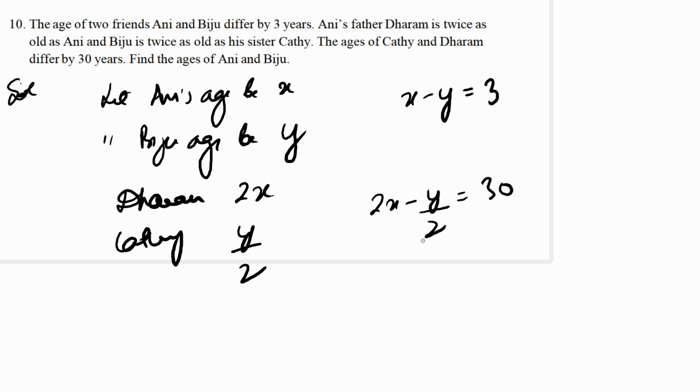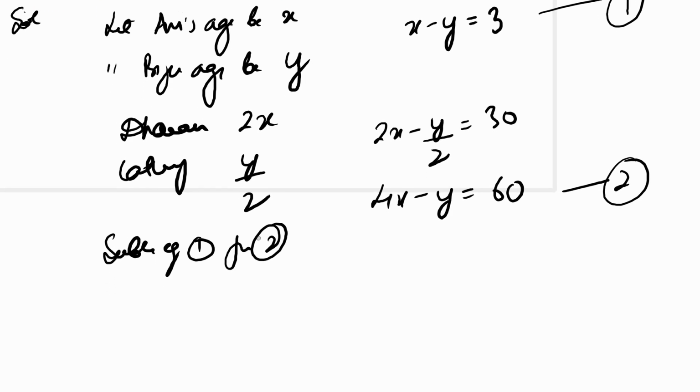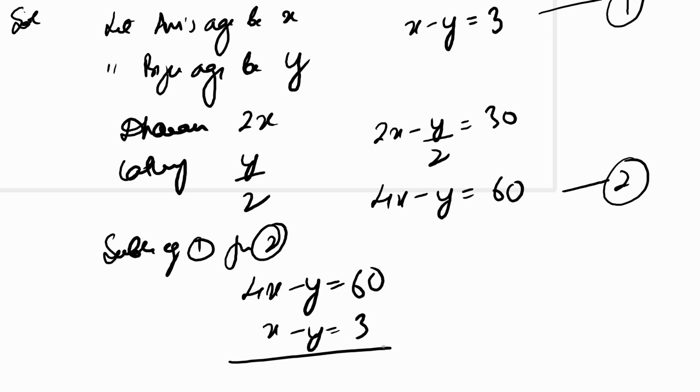So we will multiply the equation by 2. It will become 4x minus y is equal to 60. Then we will subtract equation 1 from 2. What is equation 2? 4x minus y is equal to 60. x minus y is equal to 3.